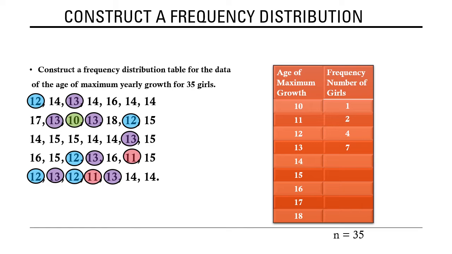And I highly recommend you cross them out so the numbers that are left would be clear. How many 14s do we have? So the frequency of 14 is 9. How many 15s do we have?